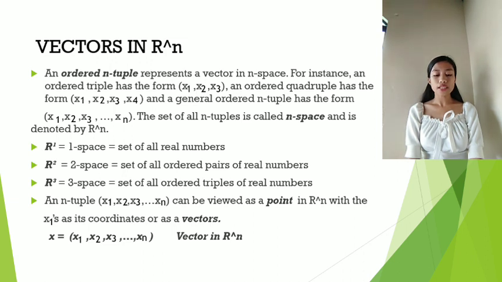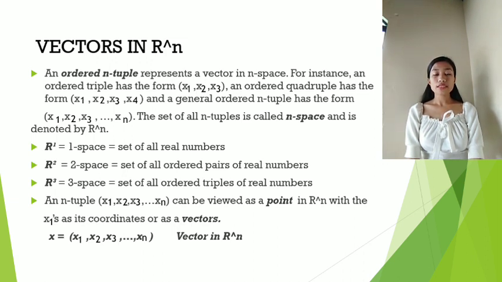Then R raised to 3 is equal to 3-space and it is the set of all ordered triples of real numbers. An n-tuple (x1, x2, x3, ..., xn) can be viewed as a point in R raised to n with the xi's as its coordinates or as a vector.